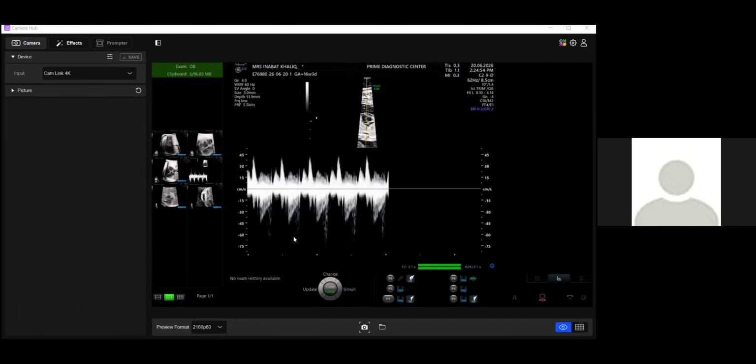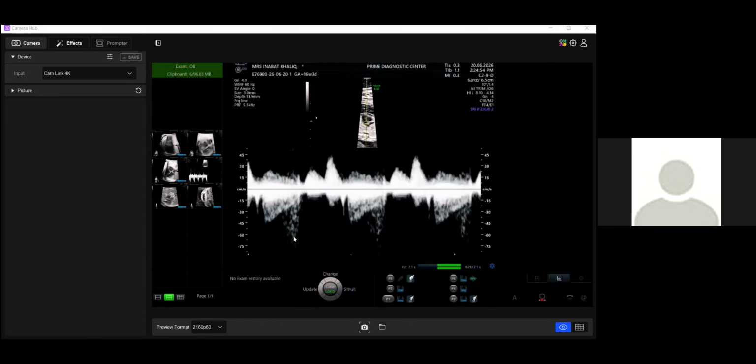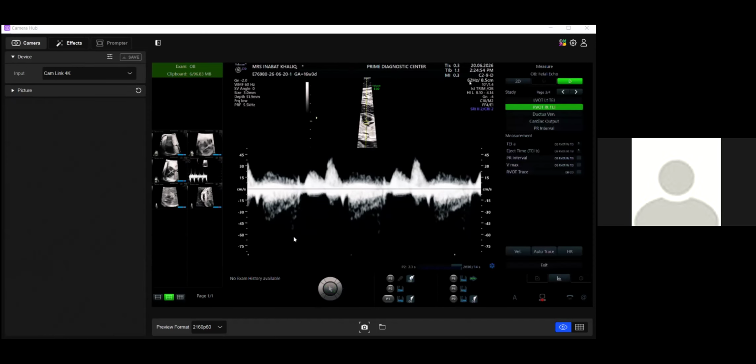All right, and we increase the speed and then we reduce the gain. We always tend to reduce the gain, and then we calculate the PR interval. And here the PR interval, onset of the P wave to the onset of the QRS, is about 113.